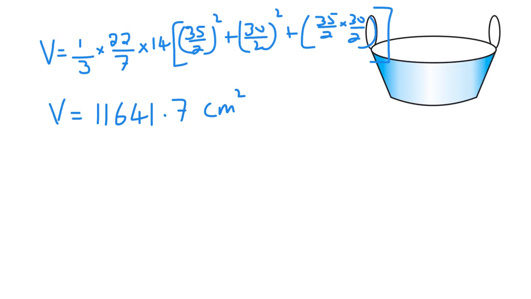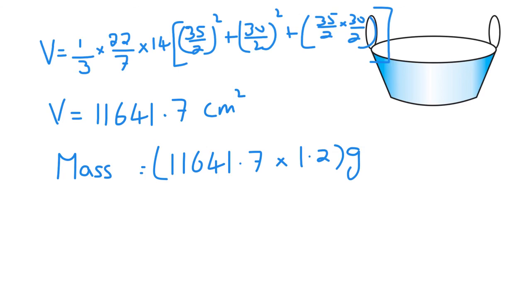So, this is the total volume of the frustum, but it is given that 1 centimeter cube of molasses has a mass of 1.2 grams. So, the mass of the molasses that can be poured into the frustum will be the total volume times 1.2. So, the mass that will be poured into the frustum will be 11,641.7 times 1.2 grams, and that is going to be 13,970.04 grams.